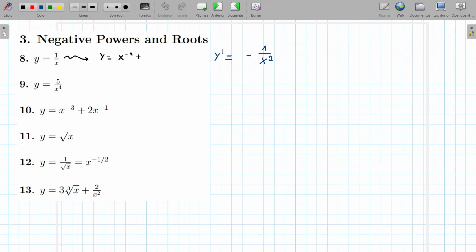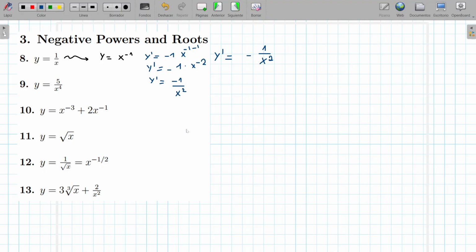Look, if we do the derivative here, the minus 1 is going to the front. Then we have x minus 1 because we have to subtract. And then we got minus 1 times x to the power of minus 2. As you can see what is happening, this is minus 1, this goes down, and it's going to be x squared.